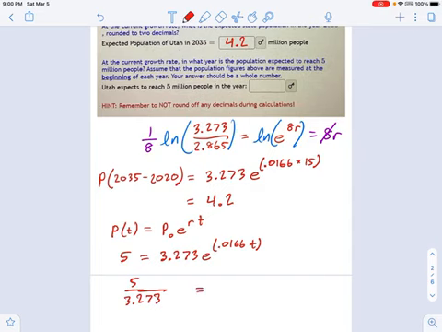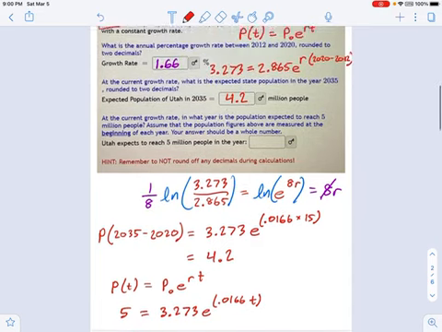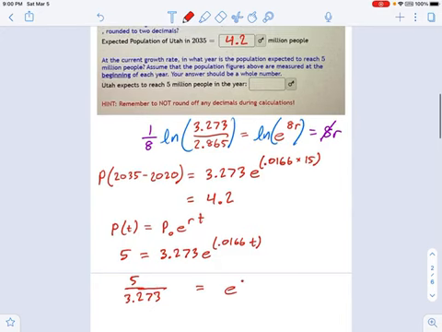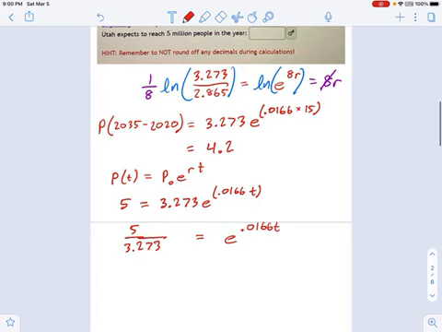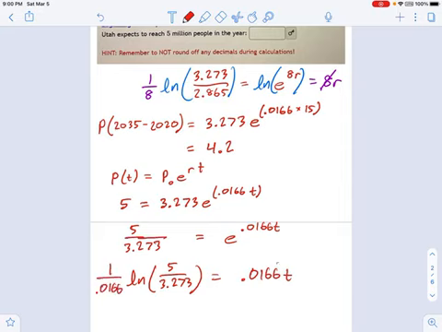And that's going to be equal to e to the 0.0166t. Now you take the natural log of each side. You get ln of 5 over 3.273 equals 0.0166t. And of course, every time I say 0.0166, you know you have more decimals than that. So we divide each side by 0.0166. That goes over here, and this is going to be your answer.